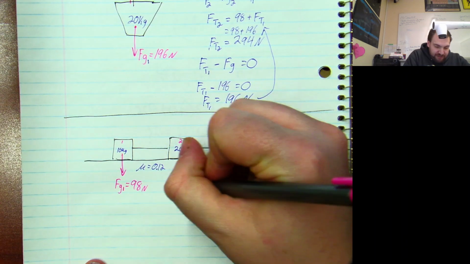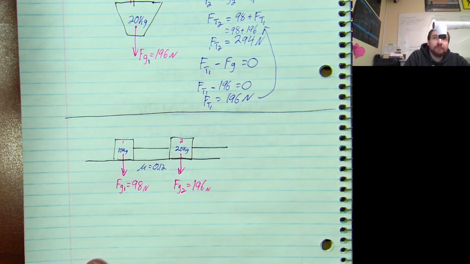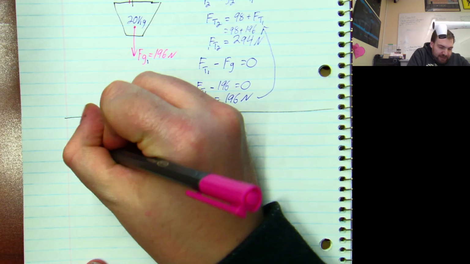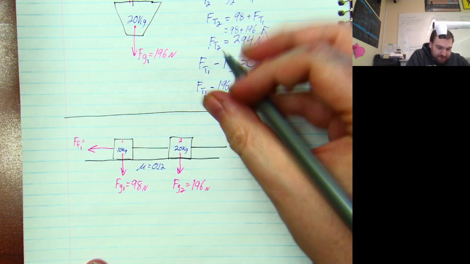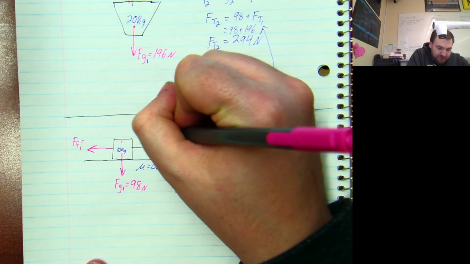Gravity on the other one, so FG from block 2 is 196. Acting which way? So which block are you talking about? Both of them. Okay. So that guy's going to have a force of friction. I'll call that force of friction 1. This guy's going to have a force of friction. I'm going to call him force of friction 2.